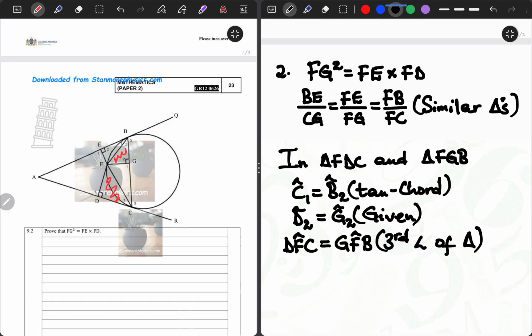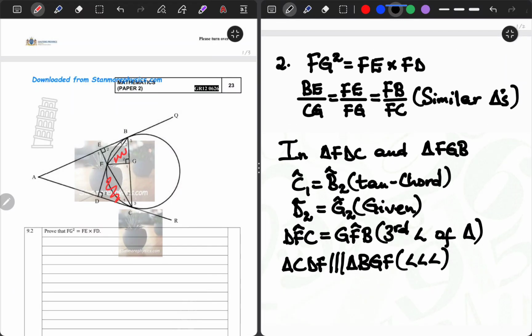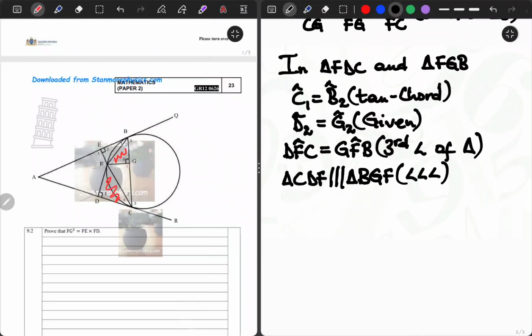What am I going to do here? This is what we're going to have. Triangle CDF similar to triangle BGF because of angles. Now, from here, let's derive the proportion as well.